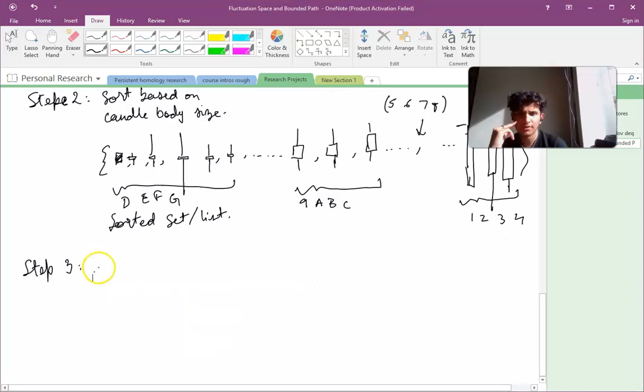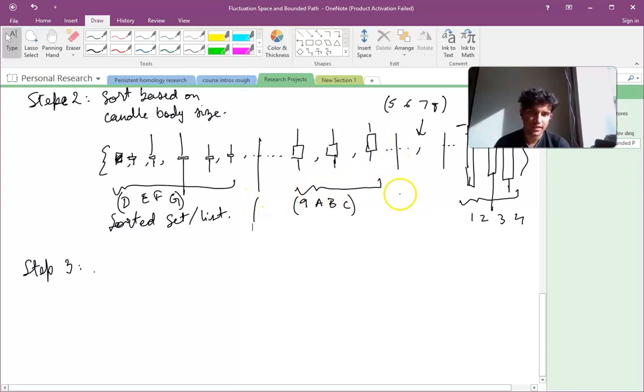Okay, so now given our sorted list, we want to find the part where it stops being part of this set and starts being part of this set, right? And similarly, we want to find all these pieces. So since we're arranging it in some sorted order, that is either ascending or descending, the middle part is basically our median, right?